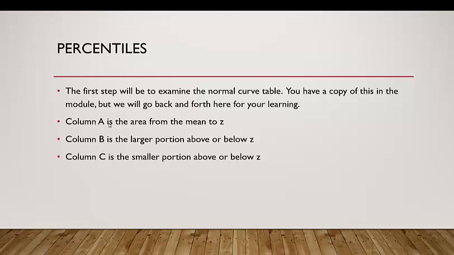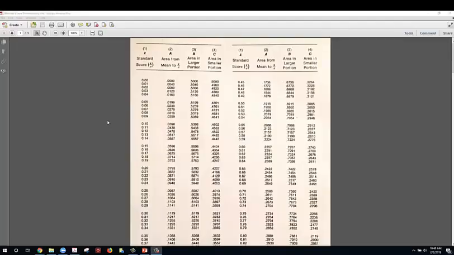So the first step is we have to look at the normal curve. I have included a copy of this in your module, but let me go back and forth here and pull up this document for you to see. Okay, this is a PDF that you have in this module, and you have two forms here.